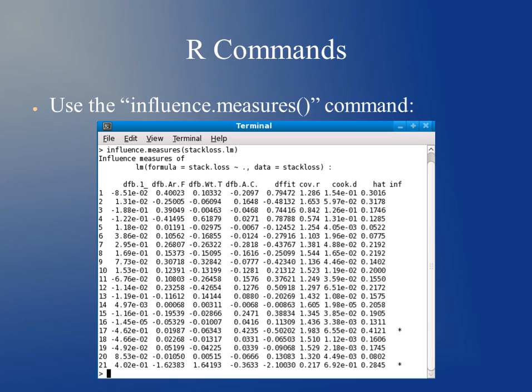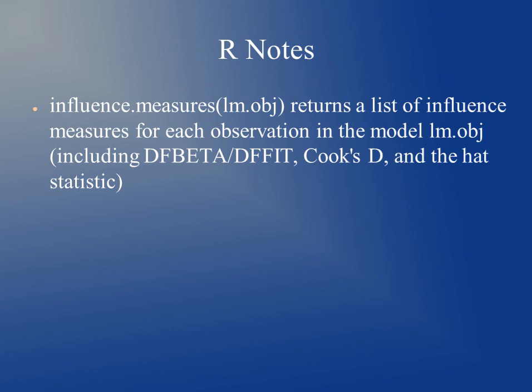Okay. So we'll go through then. Some notes on what this R command does: it returns a list of influence measures for each observation in the model. This is the DF beta, DF fit, Cook's D, and the hat statistic.